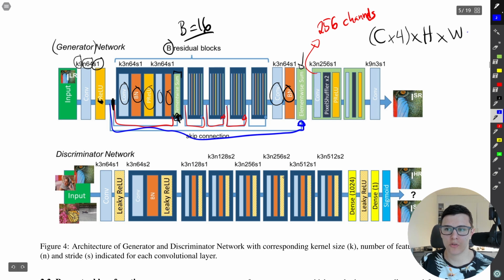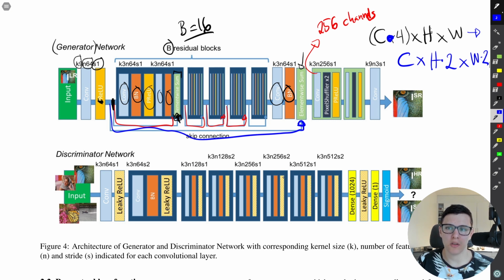Then we can transfer that to be C times H times 2, and then times W times 2, right? So we can shuffle these 4 times channels to be 2 times the height and 2 times the width. And in that way, we've upscaled it by a factor of 2, right?